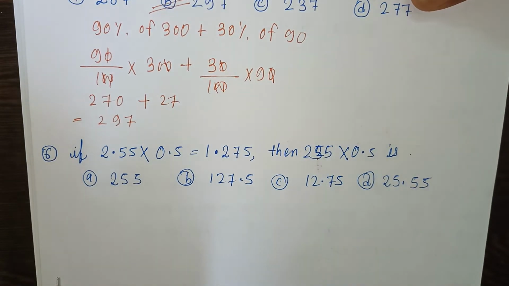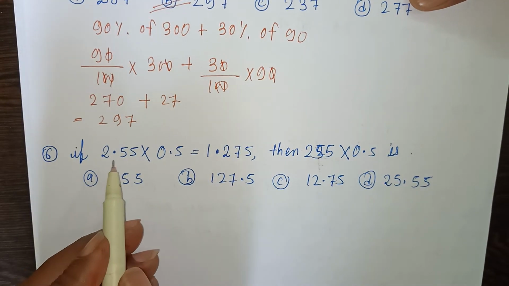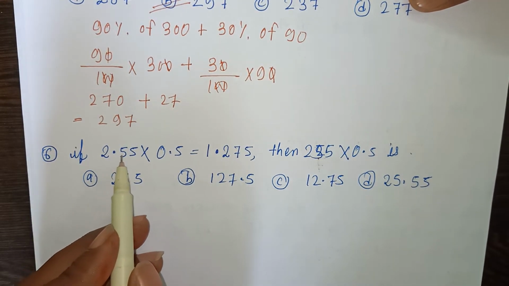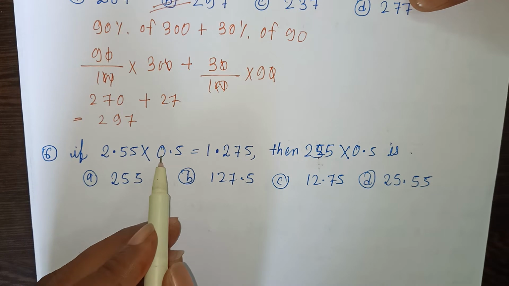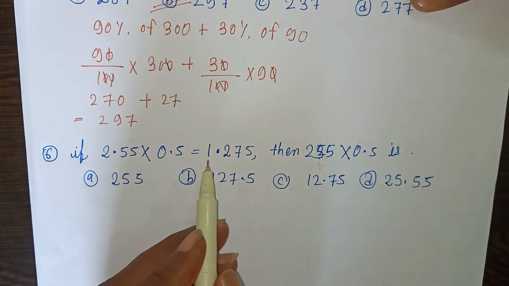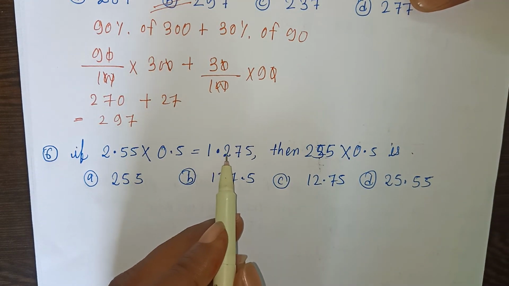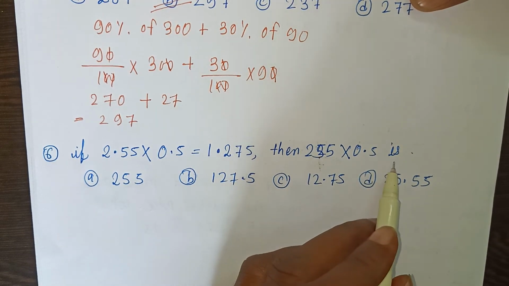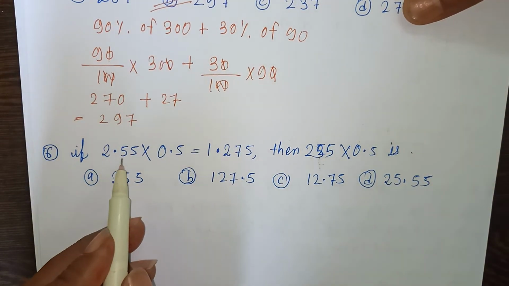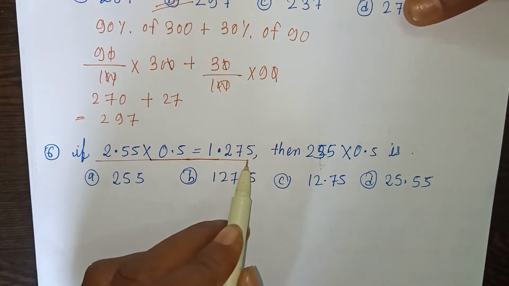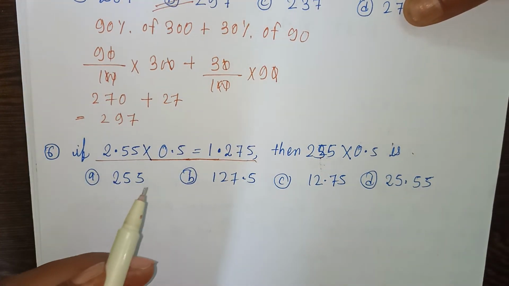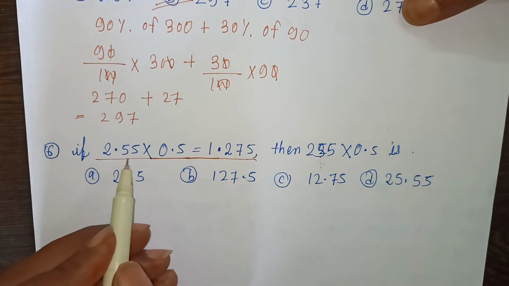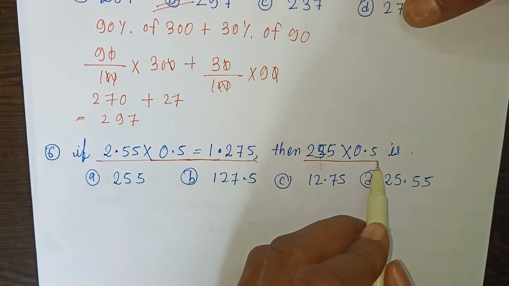Now question number 6, if 2.55 multiply 0.5 is equal to 1.275, then 2.5 multiply 0.5 is... this question is very important, you may get this question in the coming exam 2022 also. See, the same digits are given here.